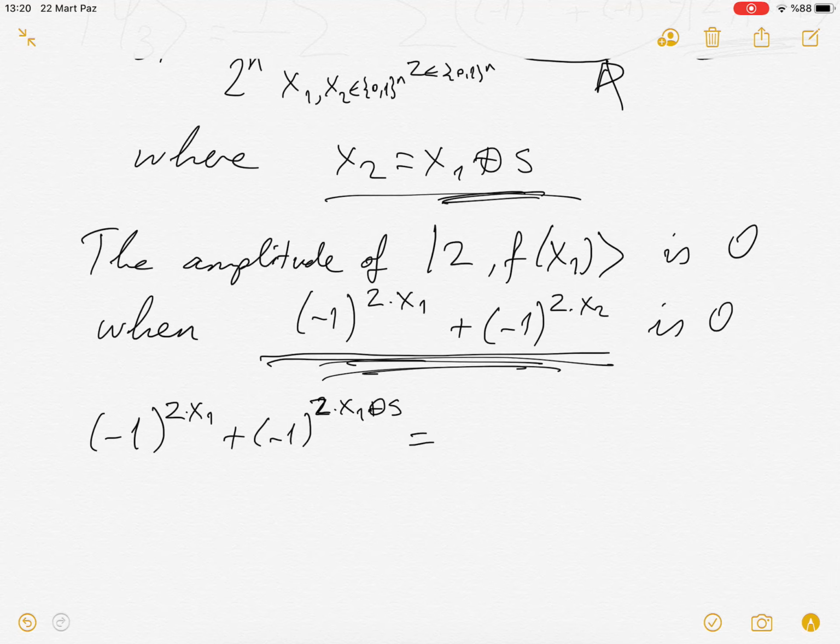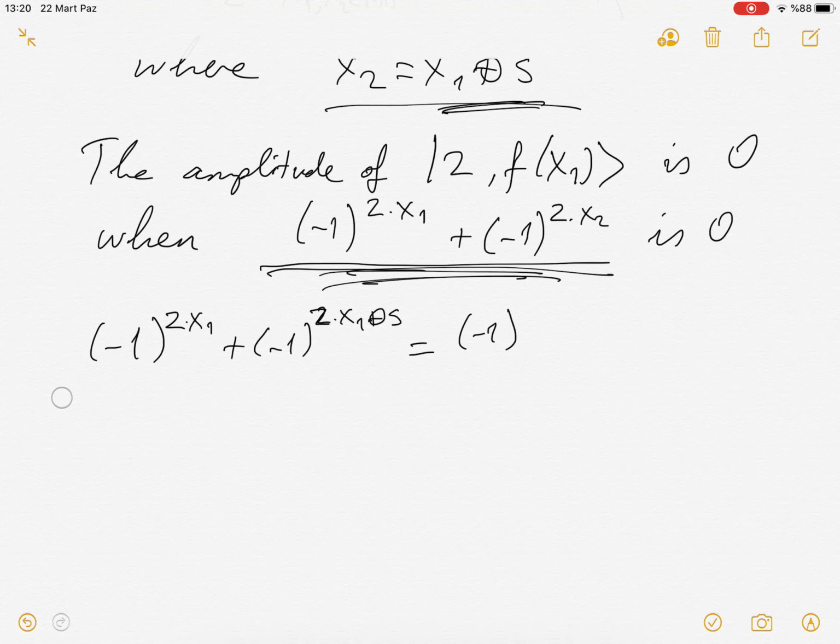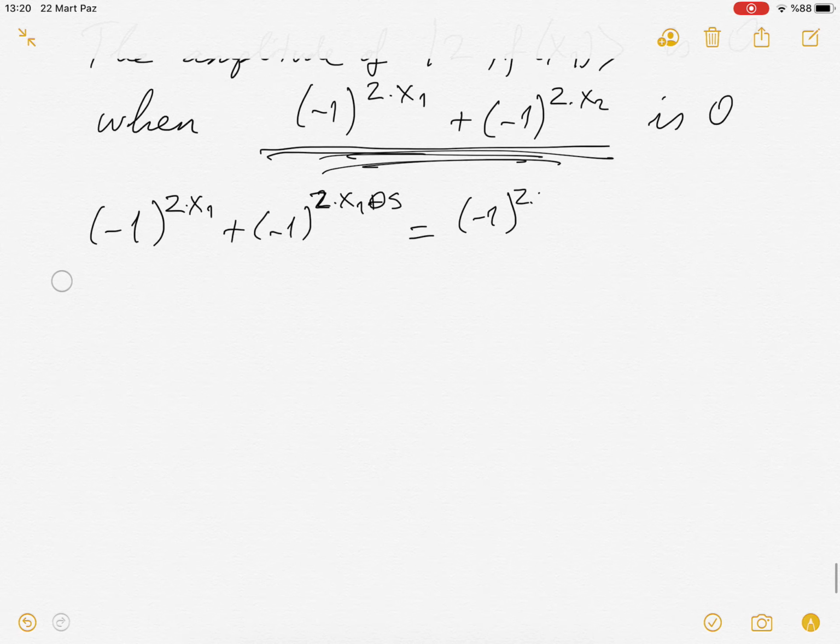But this is equal to, distributing multiplication over XOR, (-1)^(z·x1) plus (-1)^(z·x1 XOR z·s).